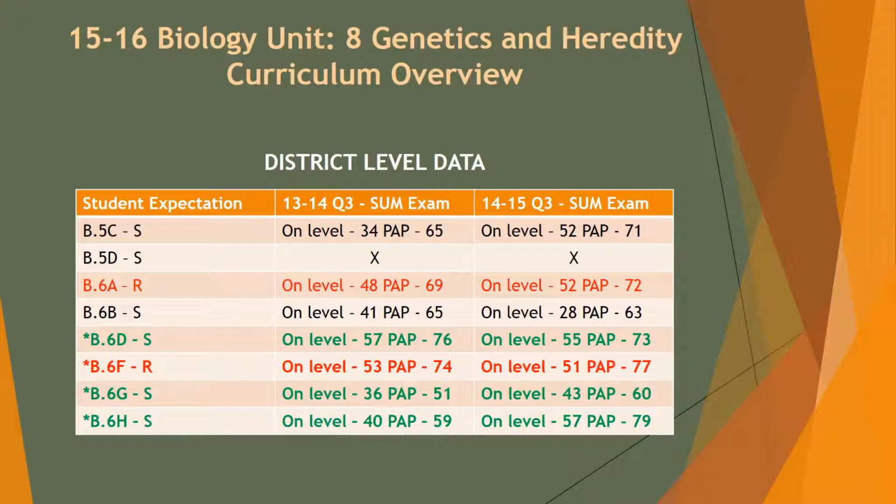For the district level in 13-14 on the Q3 summative exam, we see that we've been pretty stagnant on our SEs for B6D, supporting standard, B6F, readiness, B6G, and B6H, which are both supporting standards. In 14-15, we haven't really demonstrated much growth in these SEs, so we know that these are SEs that the students struggle with in understanding the concepts of genetics and heredity and all that it encompasses.